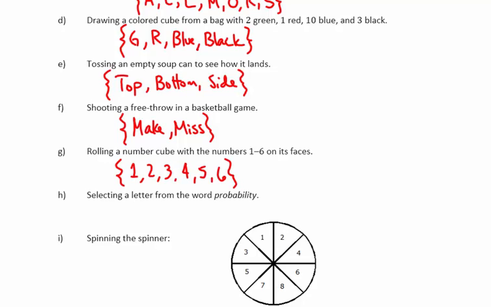Selecting a letter from the word probability. A, B, I, and L, O, P, well, that's an error.